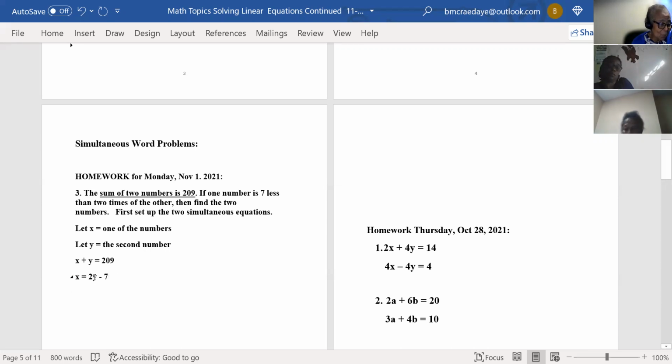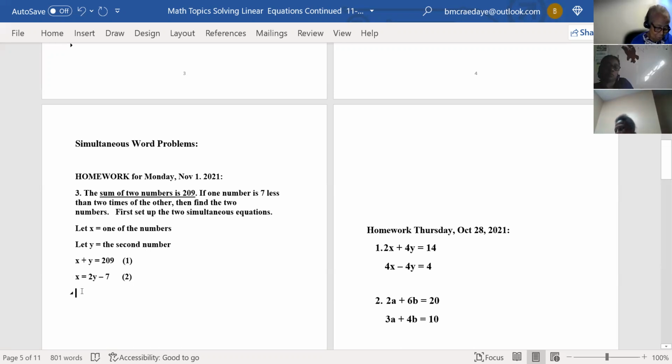We can substitute x into this equation. Let's call this equation 1 and this equation 2. Now, we could substitute 2 for x in the first equation. So do that, Vanessa, and then solve it.